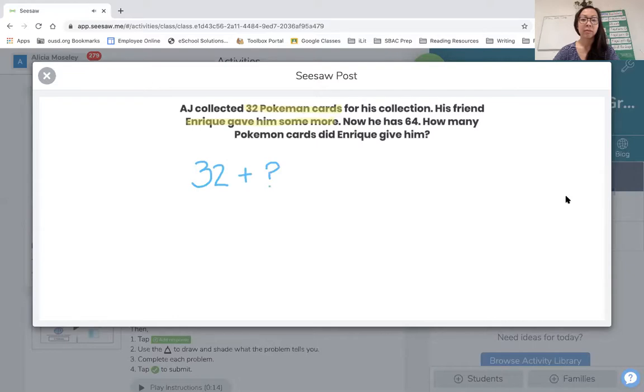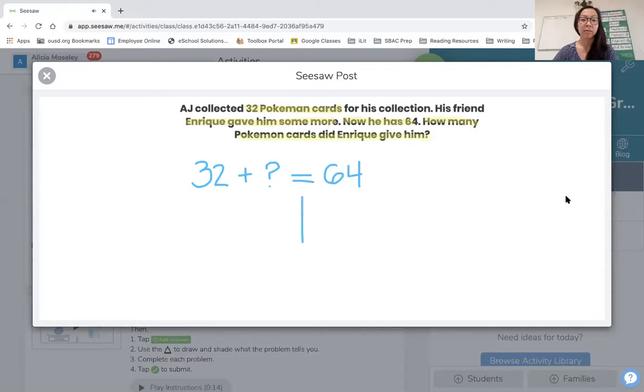Now he has 64. That means we know now means it's our total. It's how much he has right now. Our job is to find out how many Pokemon cards did Enrique give him.